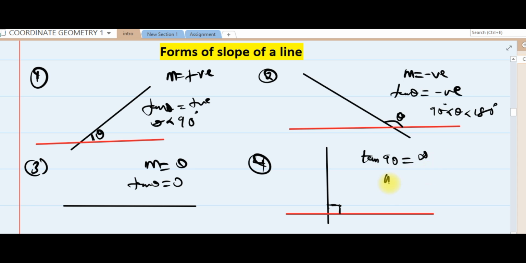So M is infinity. So this is horizontal, while this is a vertical line.